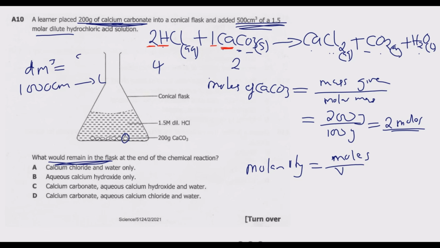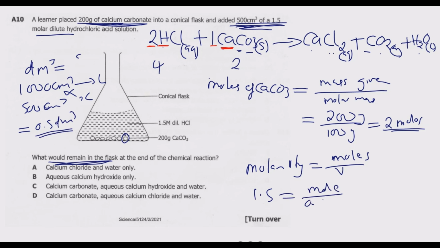So what we have is 500 centimeters cubed equals x. Then we solve for that. We end up with 0.5 as our volume. So molarity 1.5 is equal to moles over 0.5.